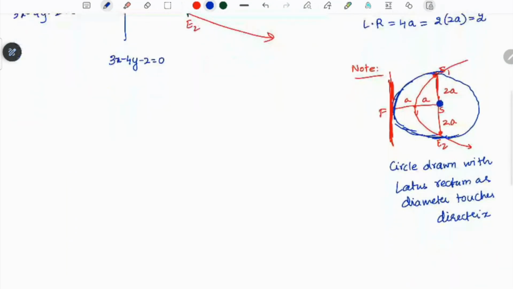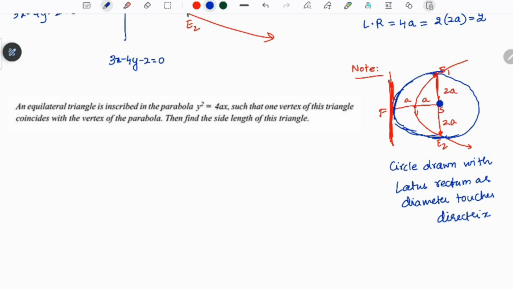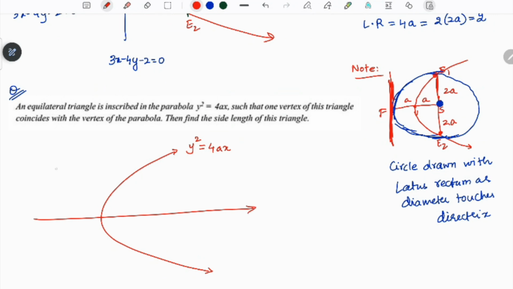All right. An equilateral triangle is inscribed in the parabola such that one vertex of this triangle coincides with the vertex of the parabola. Okay, y square is equal to 4ax, one parabola is there. What is the vertex of this parabola?